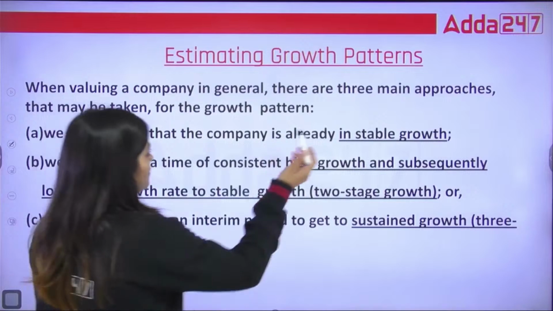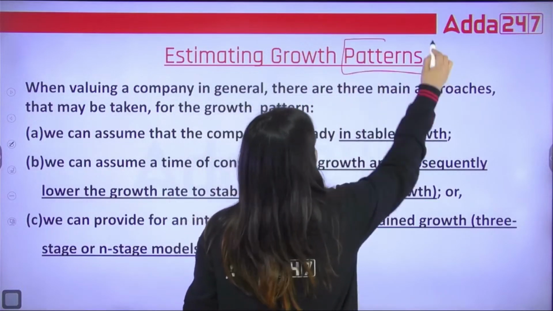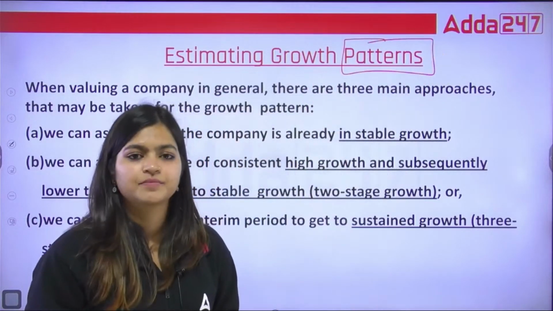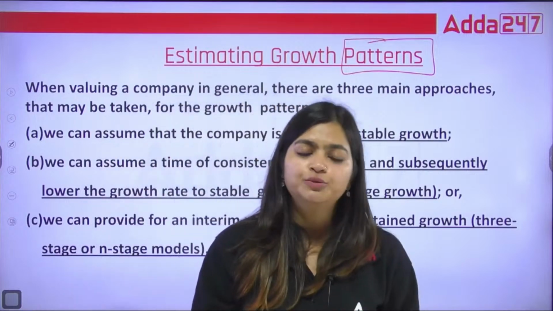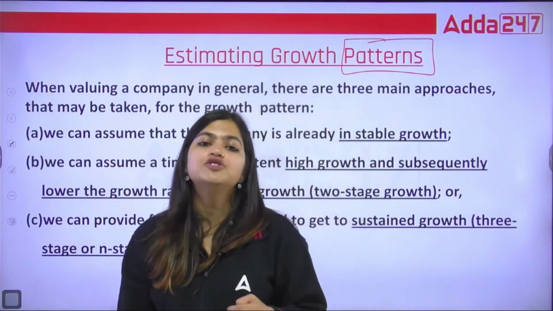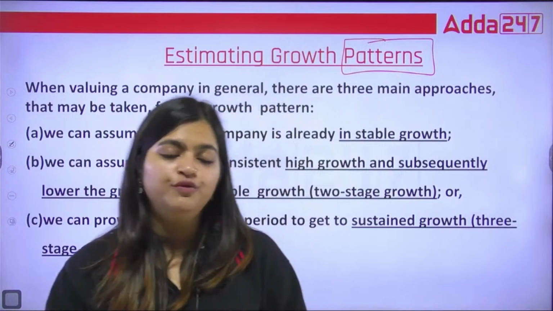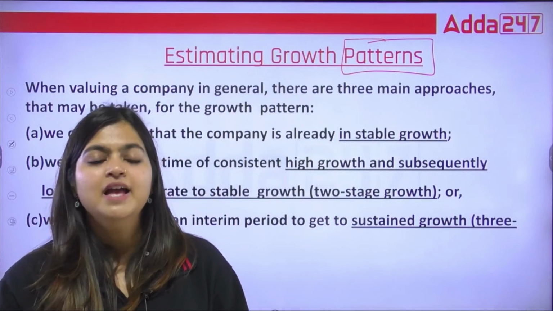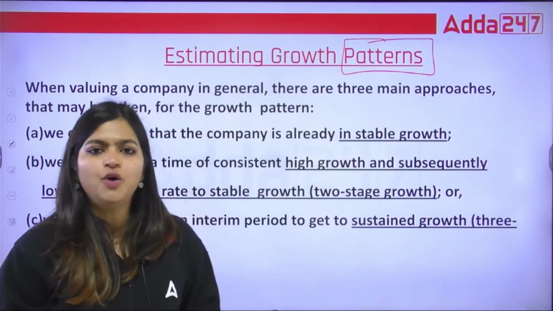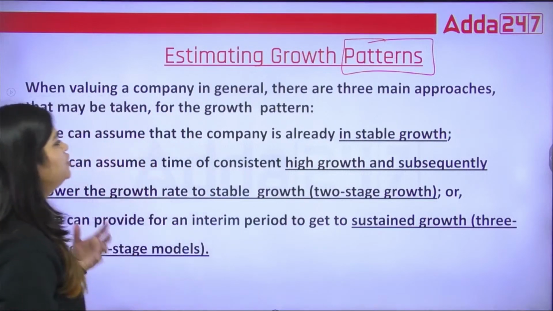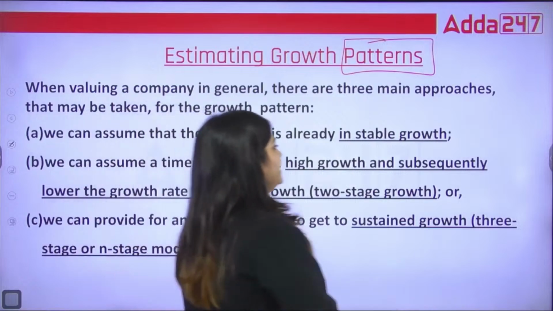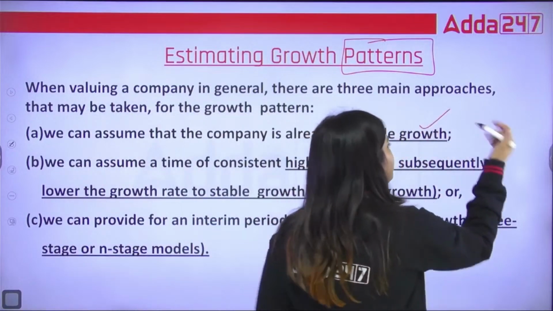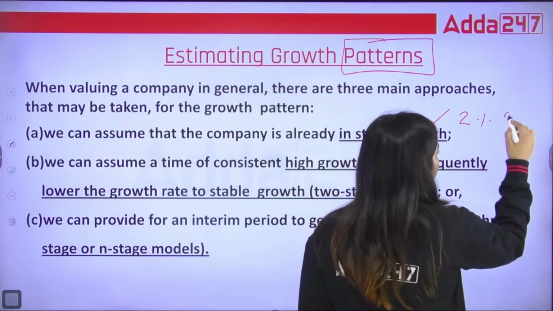Next is growth patterns. Based on our growth patterns, we decide which model we need to use for the calculations. Pattern depends on so many things. Are you getting stable growth, like every year just 2% growth?